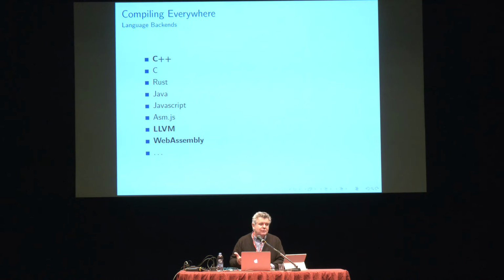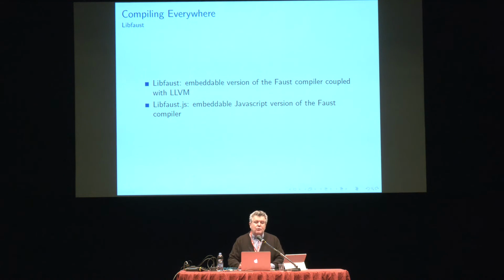This is possible thanks to a technology called LLVM, which is a modern infrastructure for writing compilers that are now used almost everywhere. For example, all Apple compilers are based on LLVM. You can use WebAssembly, etc. So we have developed a library version of the Faust compilers.